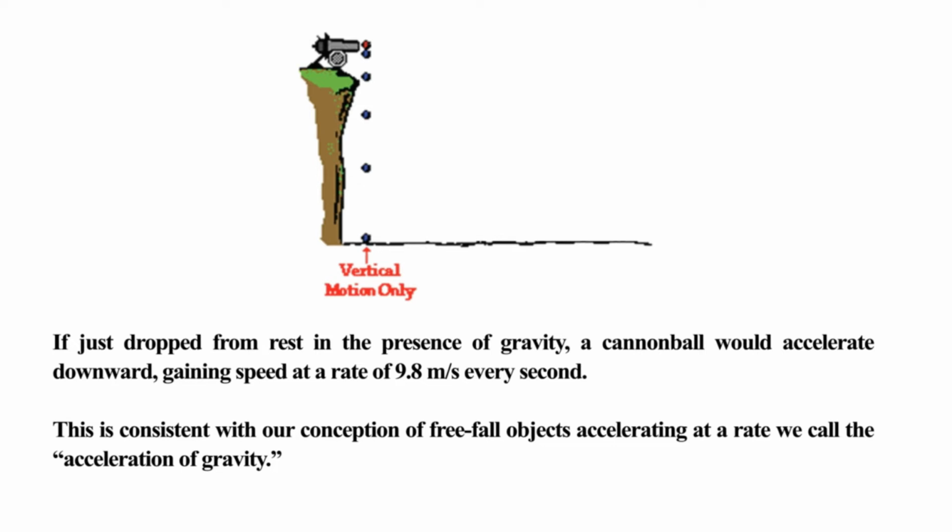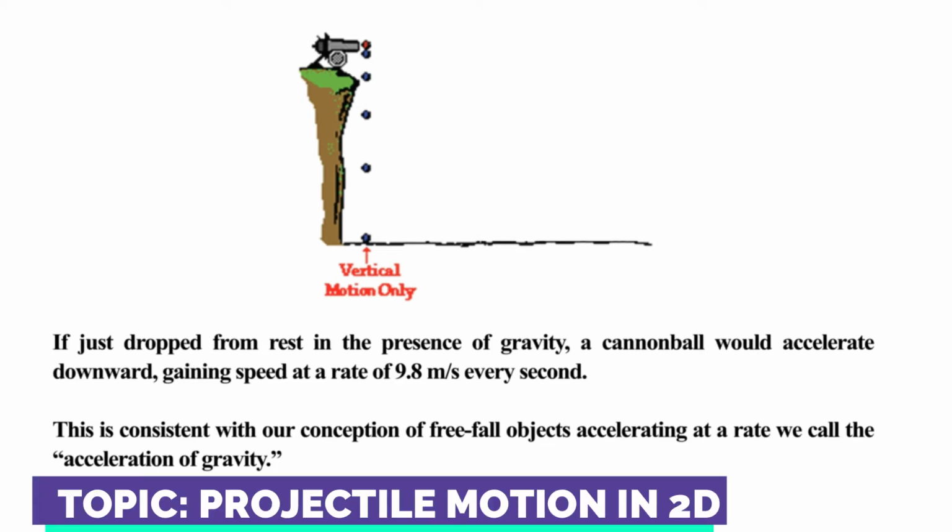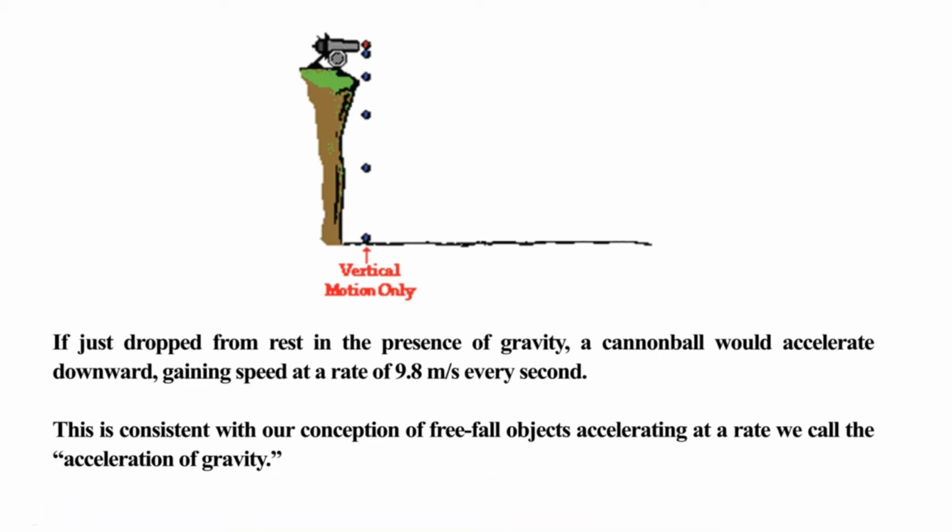So here the ball is being dropped by the cannon, and because it is doing this under the influence of gravity, the object is accelerating at a constant rate. This is consistent with our concept of free fall, an object accelerating at a rate we call the acceleration of gravity, or the gravitational acceleration.